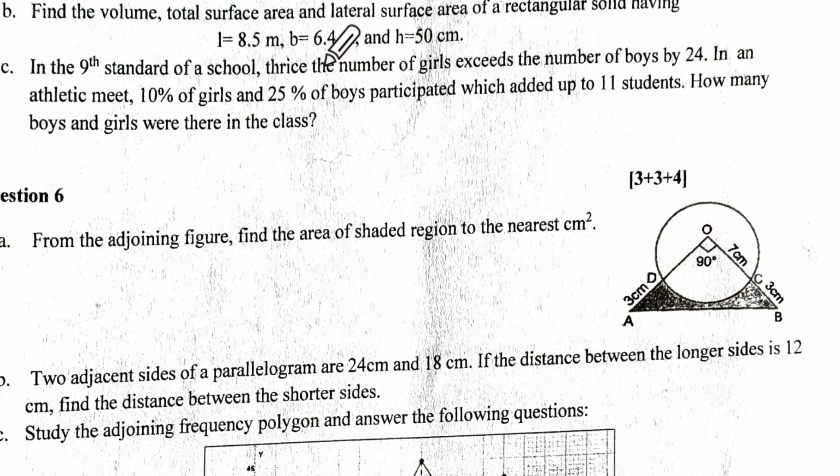9th standard: thrice the number of girls exceeds the number of boys by 24. In an athletic meet, 10% girls and 25% boys participated, which add up to 11 students. How many boys and girls are there? So what you'll say, let boys number equal to x, and girls number equal to y.